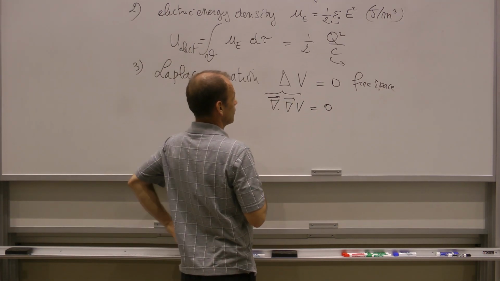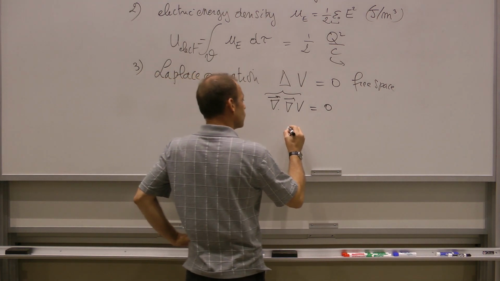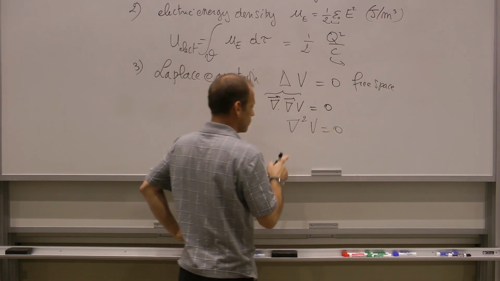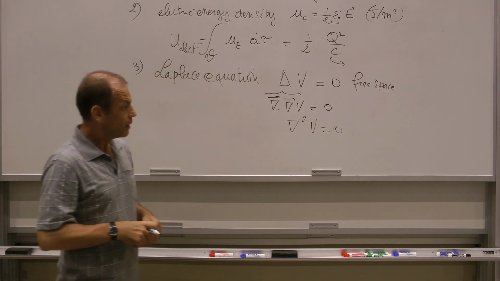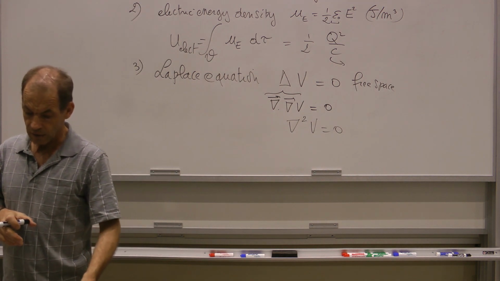Sometimes this Laplace operator, also called the Laplacian, is also written as nabla squared V is equal to 0. But understanding that this is actually hidden, there is a dot product between nabla and nabla, the divergence and the gradient.